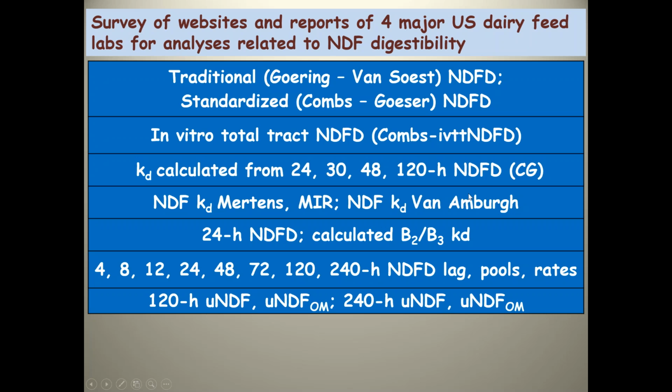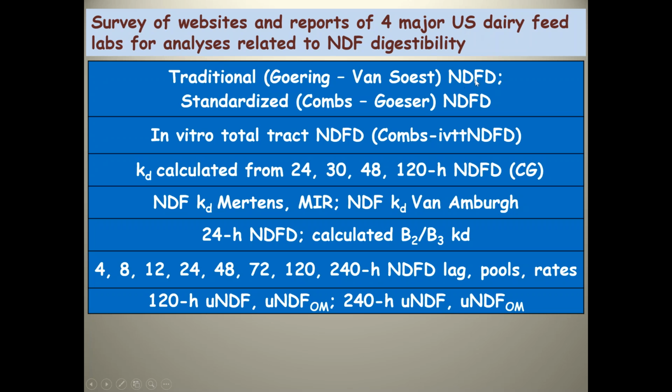And you can see there's not a lot of consensus. What I have here is a survey of websites and test reports of the 4 major U.S. dairy feed labs. And so basically I've captured Dairyland Labs, Rock River Labs, Dairy One Labs in Ithaca, New York, and Cumberland Valley near Hagerstown, Maryland. And so you can go down the list.